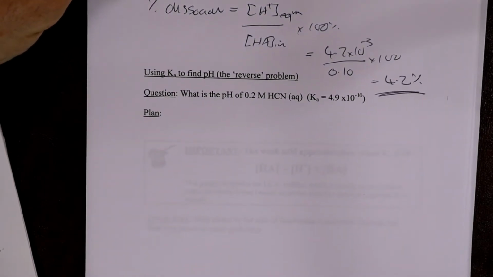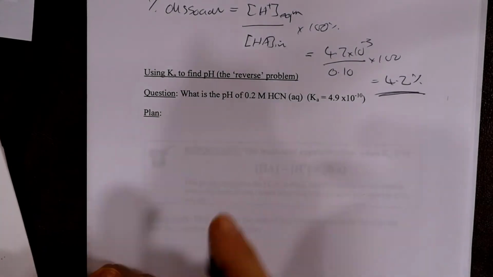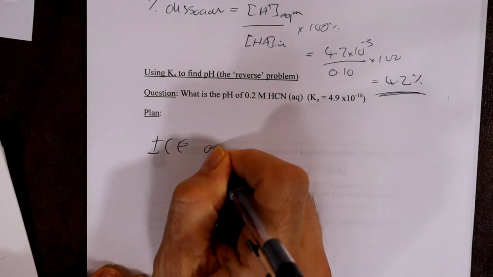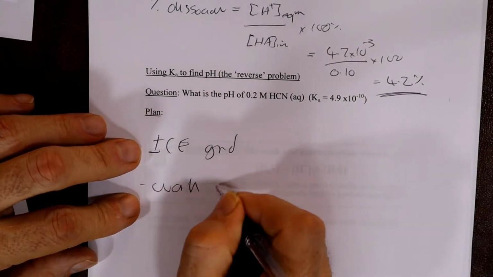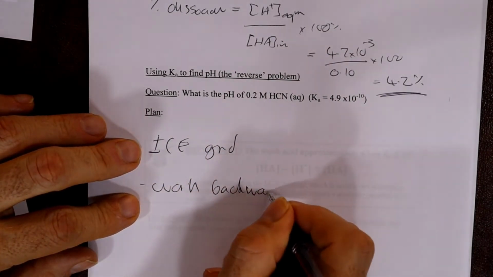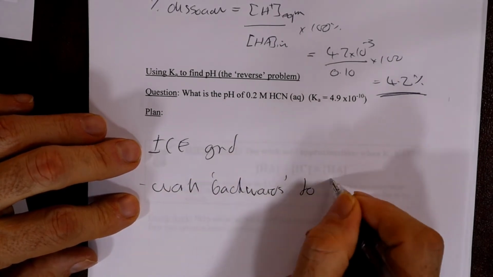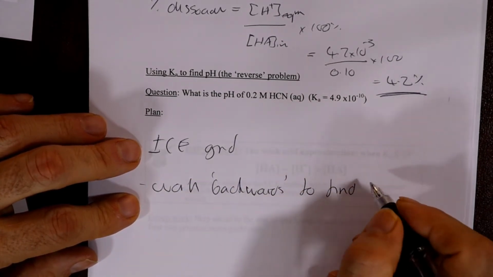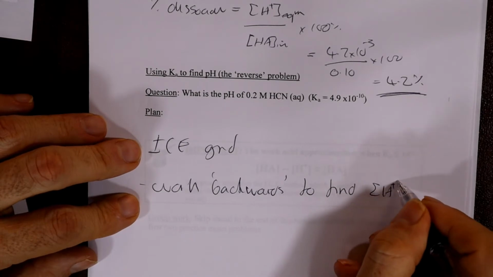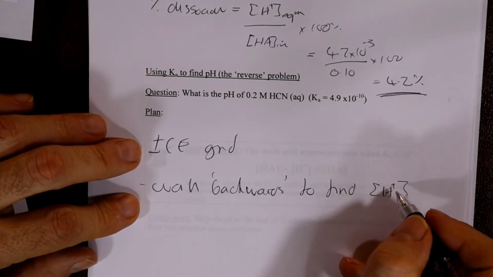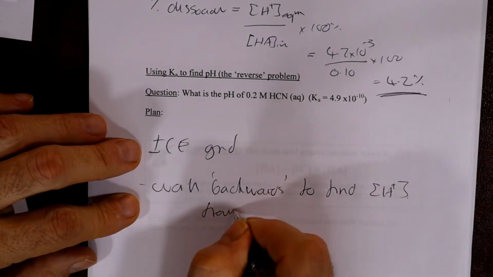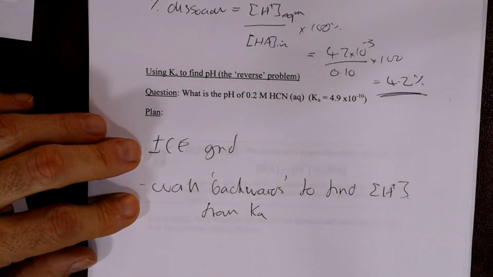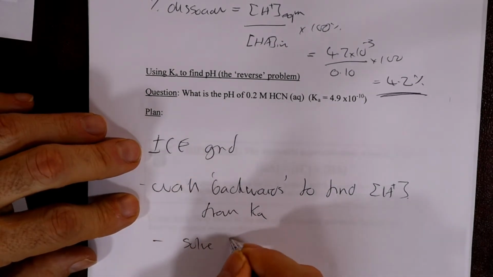So the plan is, again, do an ICE grid, work backwards to find H plus from Ka. We'll rearrange that algebra, and then once you've got H plus, you can solve for pH.